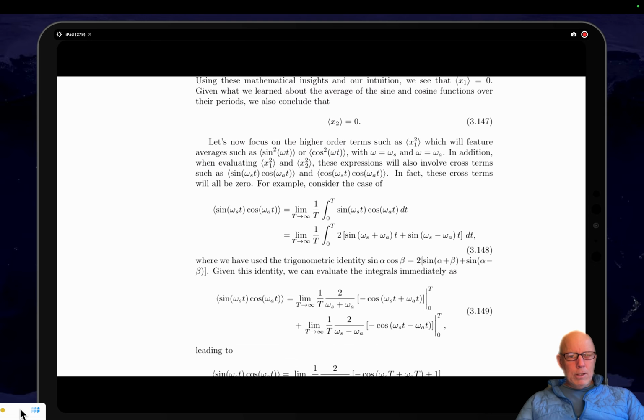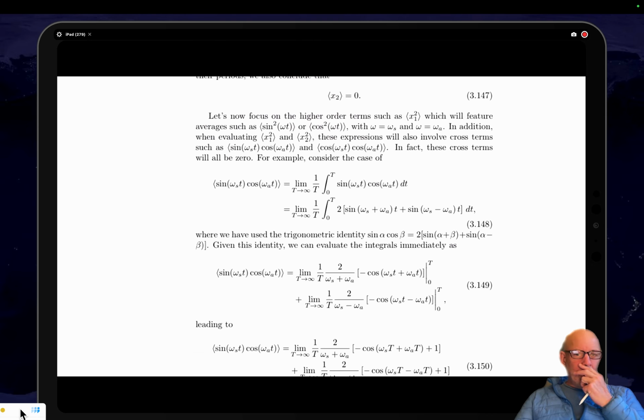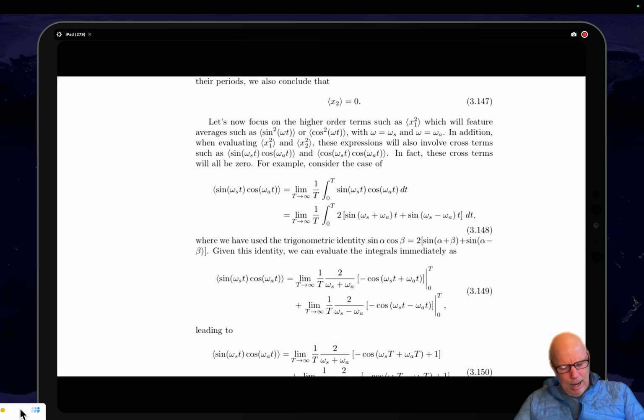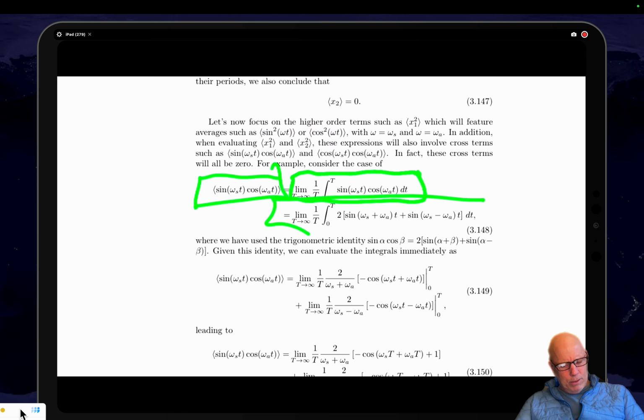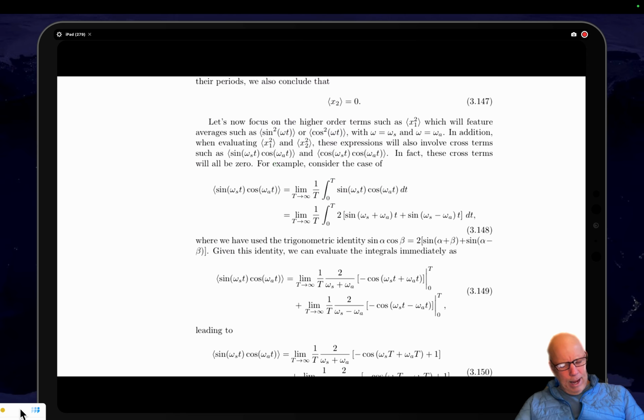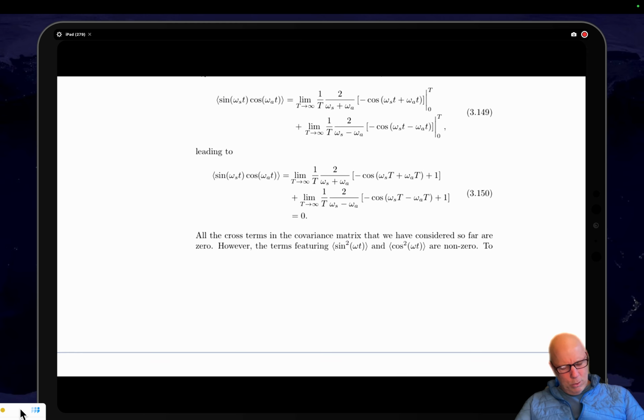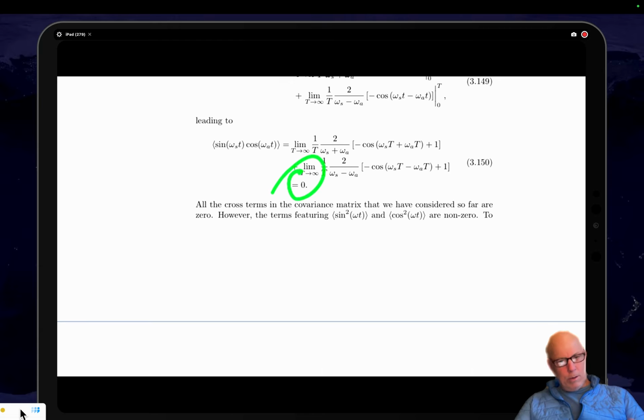The next thing is that we want to calculate the second moments. To do that, we need to evaluate integrals like this. Here you can see that we used a trigonometric identity. I want to find the average of sine omega t, cosine omega t, and I use the trigonometric identity to arrive at this. We do our integrals, and once again, we get zeros.